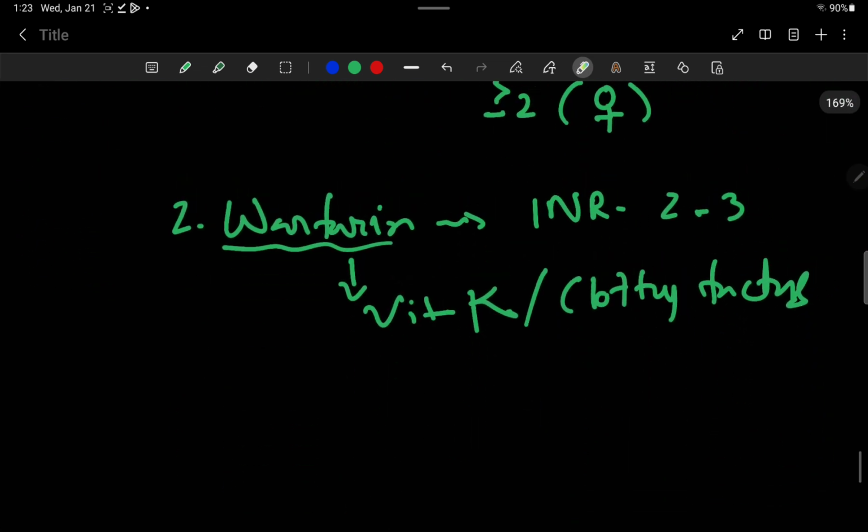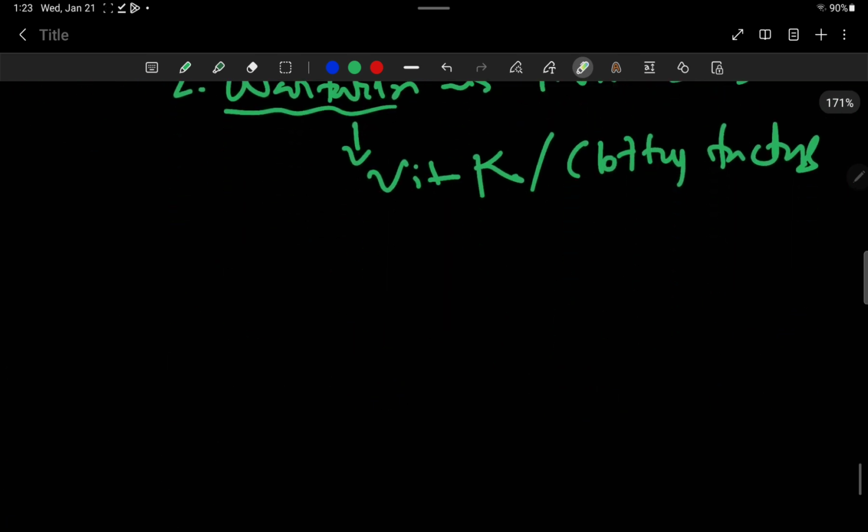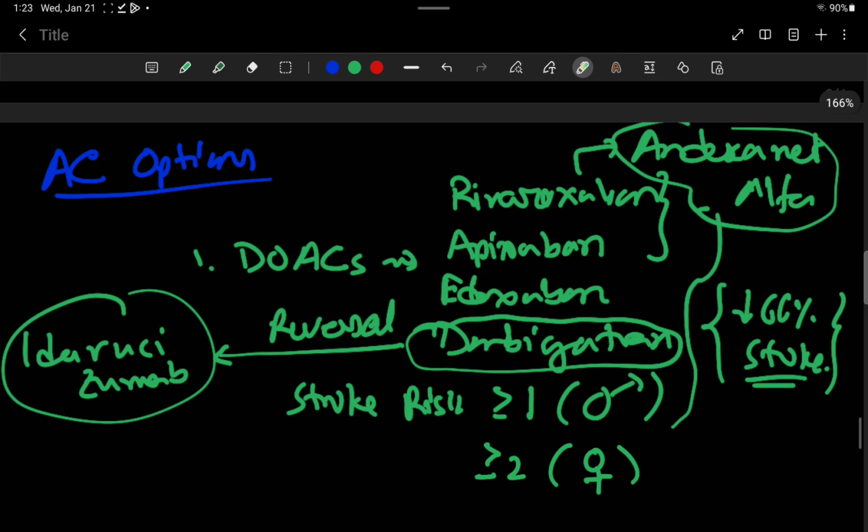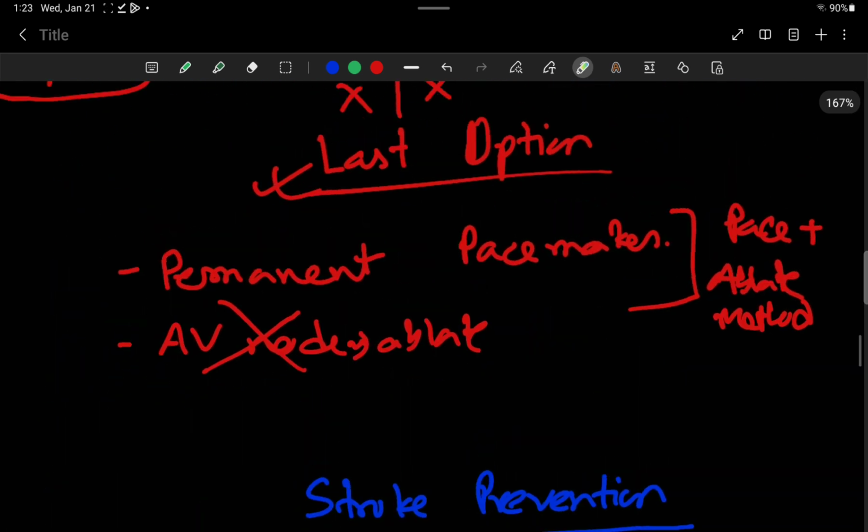Another option is warfarin, but as it needs monitoring, you have to monitor the INR level. There are side effects also, and you usually have to monitor closely for bleeding. Vitamin K is there still, but the good option now is DOAC. The main advantage is that you don't need any monitoring.